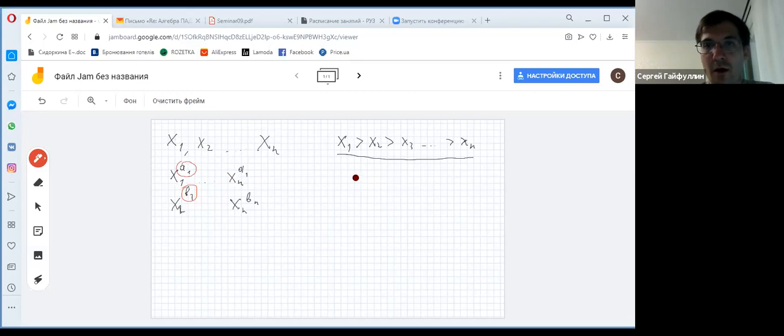If I have another ordering of variables, for example, x2 is bigger than x1, is bigger than x3, and so on, is bigger than xn, then when I have two monomials, x1 in power a1, x2 in power a2, and so on, xn in power an, and another monomial, x1 in power b1, x2 in power b2, and so on, xn in power bn.